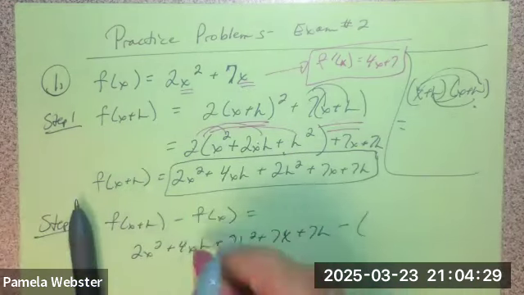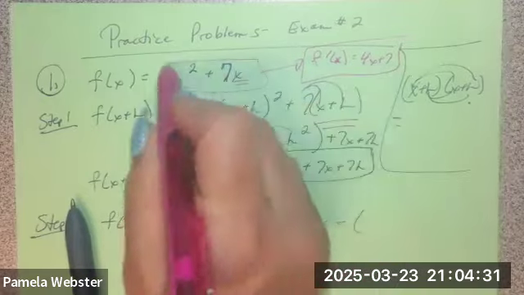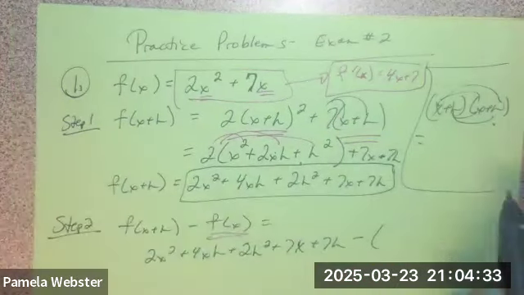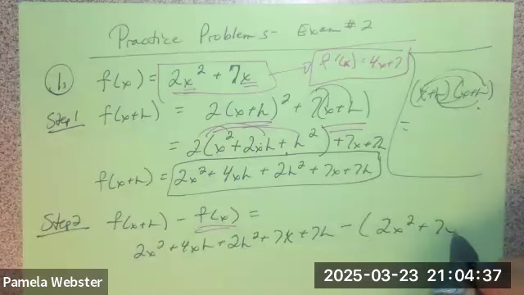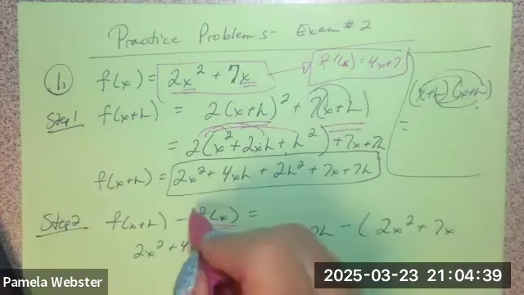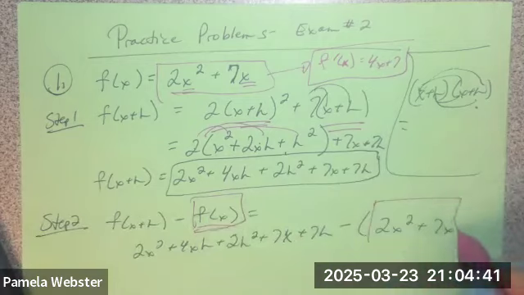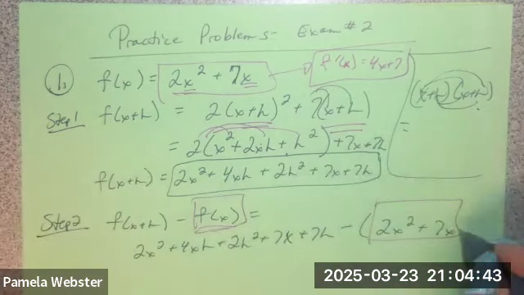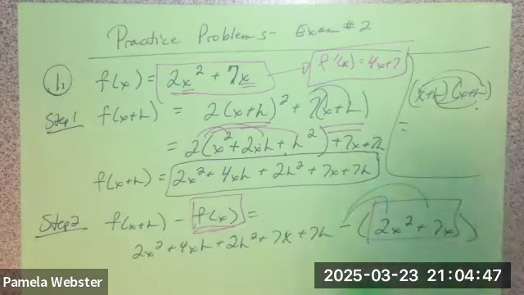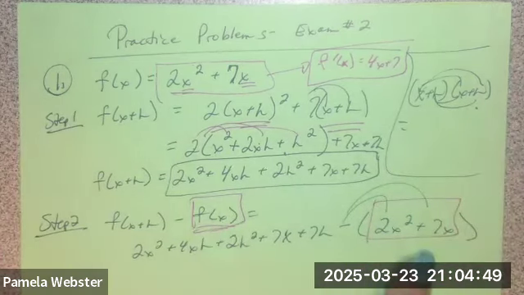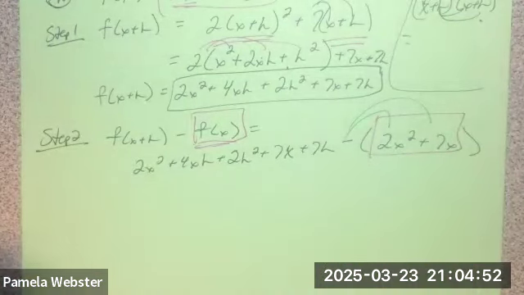That entire function is going to go right here in the minus. Minus parentheses 2x squared plus 7x. That is the f of x, right? And the reason we put the negative and the parentheses is because we know we're going to have to distribute that negative sign through, right? So right now I'm going to go ahead and do that.